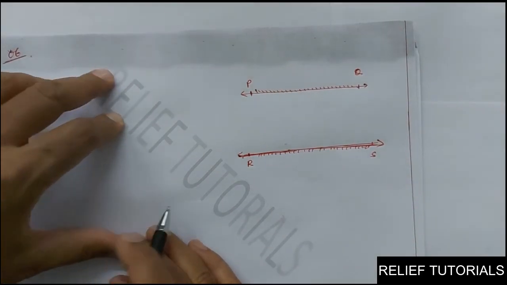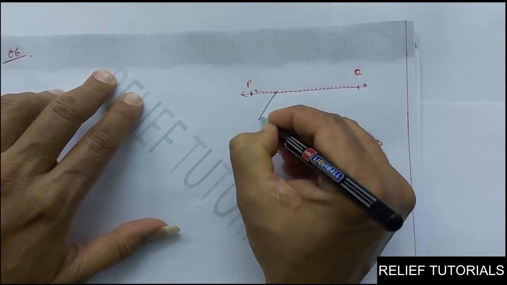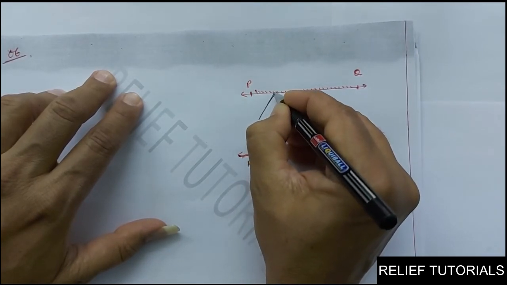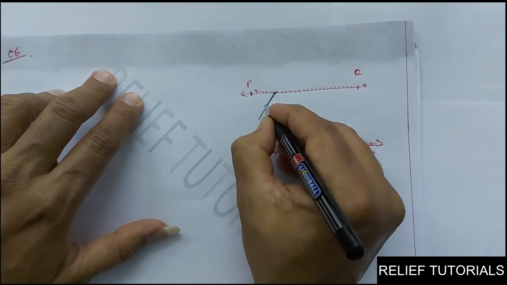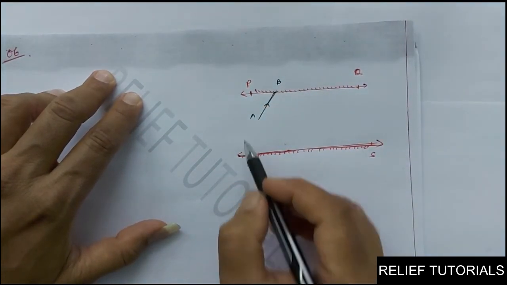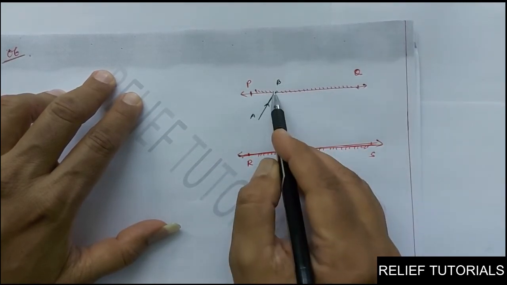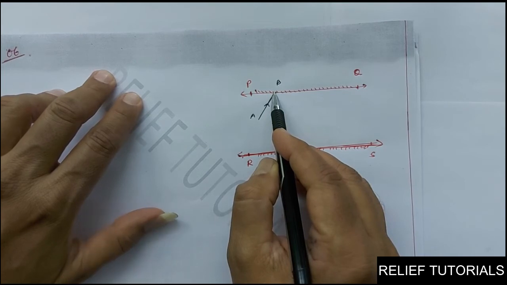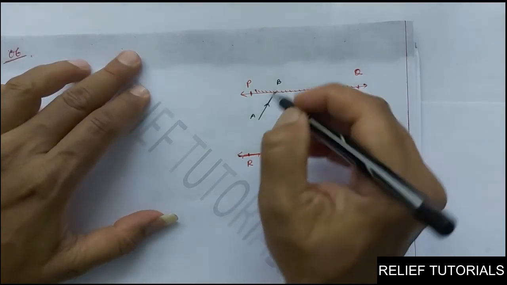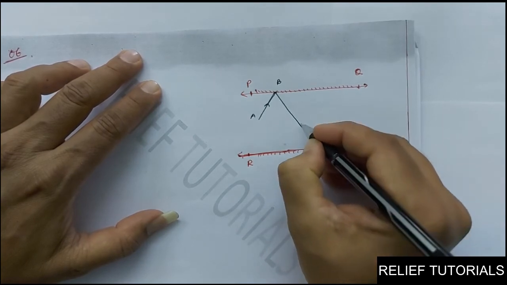Now there is one incident ray AB. So this is one incident ray AB. So an incident ray AB strikes the plane mirror PQ at B. Then the reflected ray will move in this way. See, this is reflected.